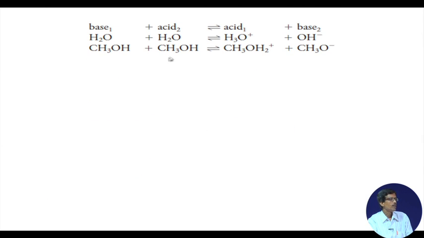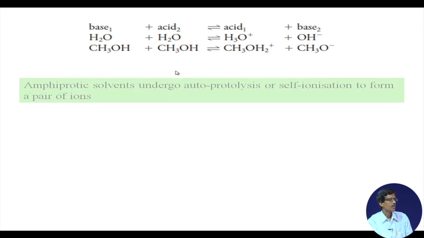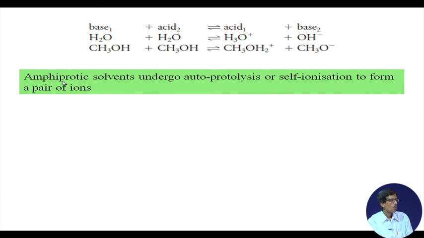We can summarize these things. If we have self reactions, that means water reacting with water and methanol reacting with methanol, we get these two. So we find that an amphiprotic solvent can go for autoprotolysis, that means self ionization to form a pair of ions.